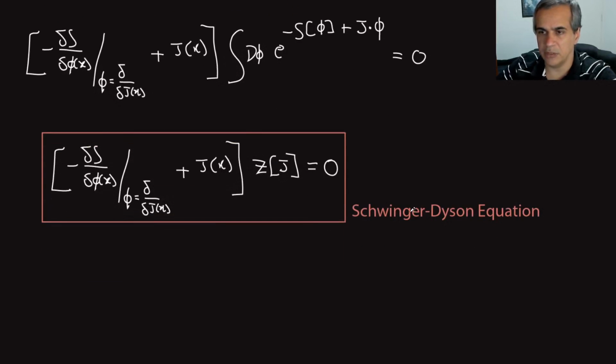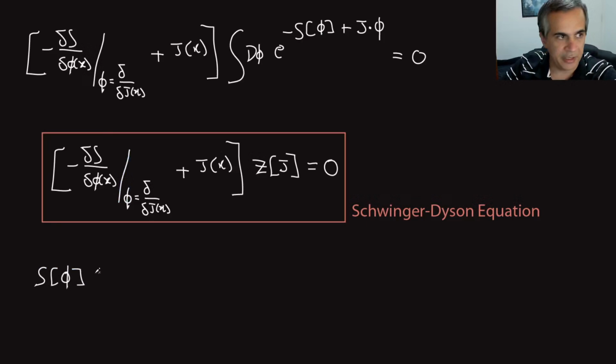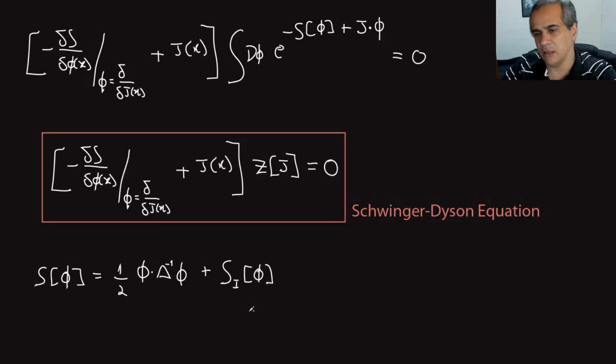In order to do that, let's write the action for my scalar theory in this way. Let's get a kinetic term and some interaction term that for now I'll write like that. So the only assumption I'm making so far is that the only Gaussian term is this, so the mass for this field is 0, at least at the Lagrangian level.